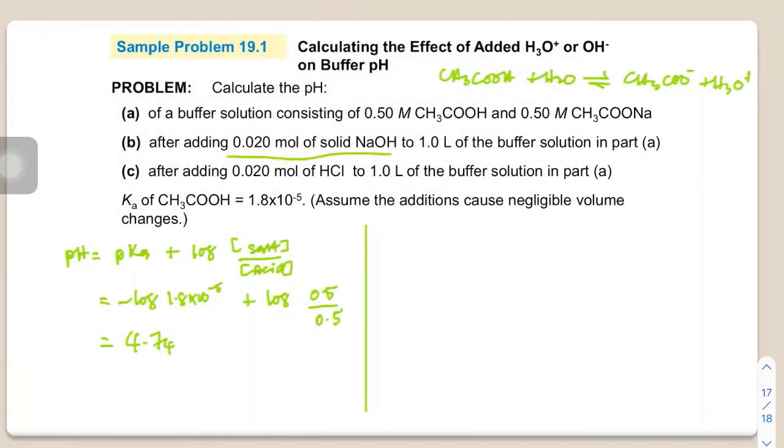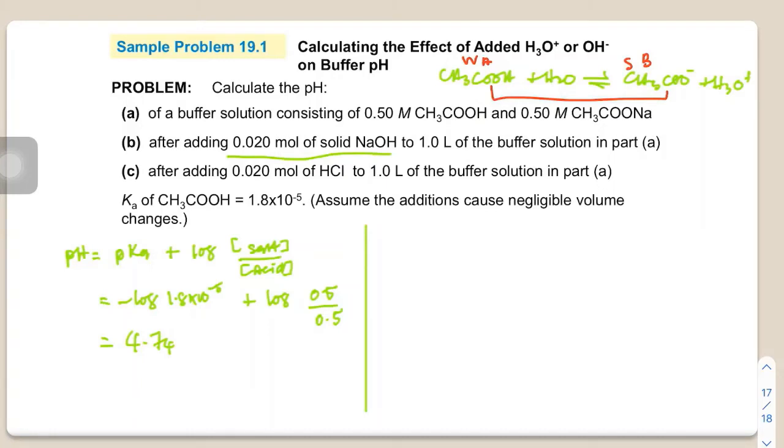So acetic acid, of course, is an acid. During dissociation, this is its conjugate pair, so this is the base. Weak acid, strong conjugate base.